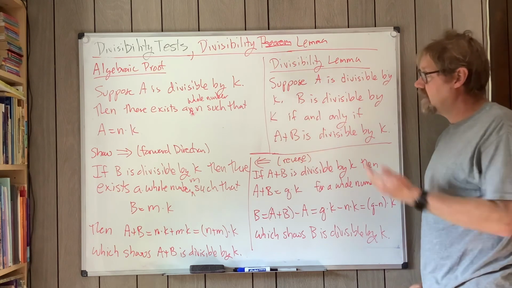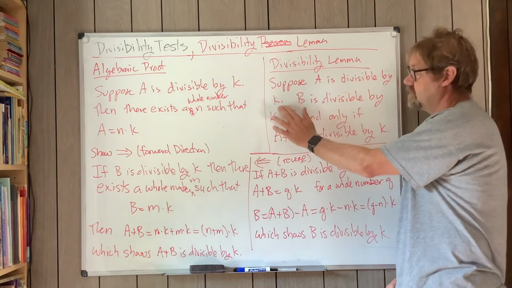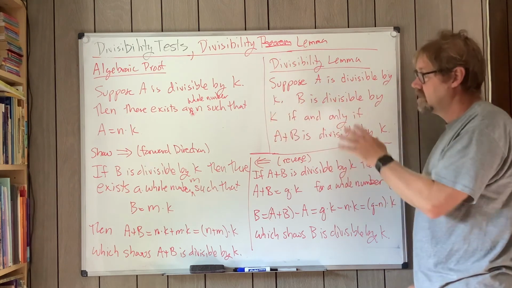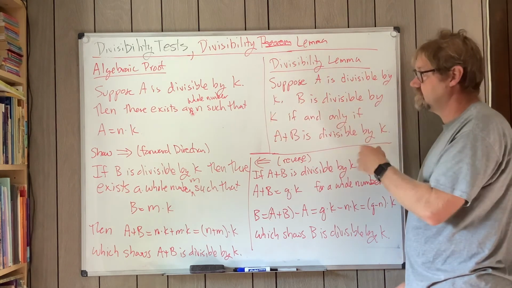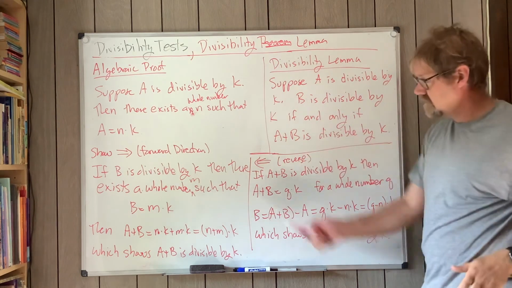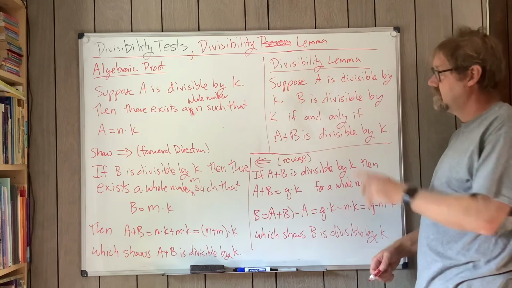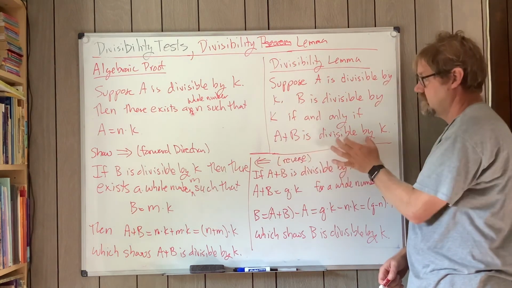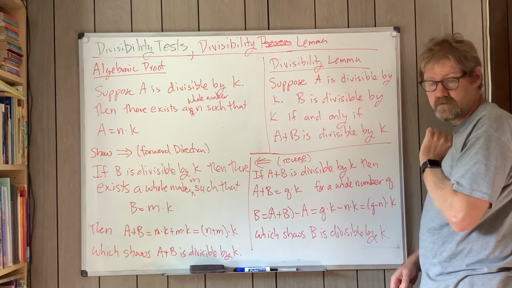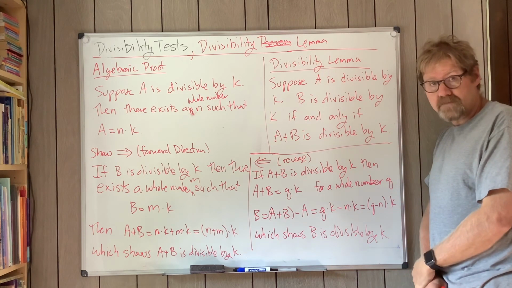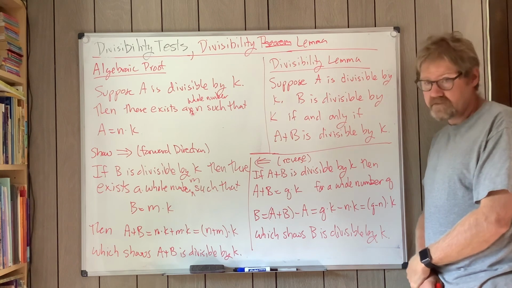We started with the statement of the problem: A is divisible by K. And in this case, we've got two directions. If this is true, then this is true. That's what this was all about. And the if and only if, the reverse, says if this is true, then this is true. So that wraps up this video on the divisibility lemma.